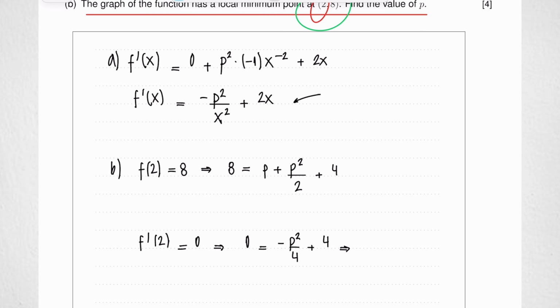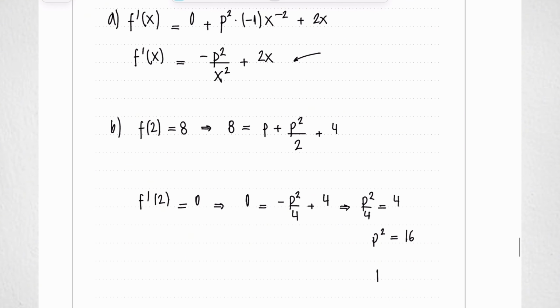We can do this one first. So p squared over 4 equals 4. So p squared equals 16. So p is either positive or negative 4. Let's see what we get for the first equation to see if it's actually positive or negative. So we can subtract 4 from both sides here, and we get p squared over 2 plus p equals 4.